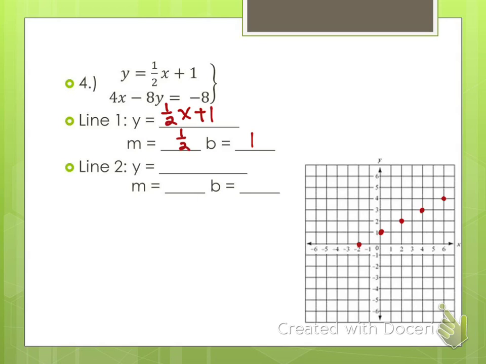And just as a side note, when you move on to future math classes, especially Algebra II in a couple years, remember that whole thing about us switching the direction on the slope. It'll help you out. All right, we got our first line done. Second line is not going to go quite as quickly because we have to get y by itself.